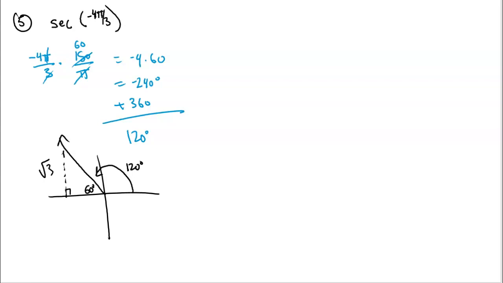So this will be root 3, this will be a negative 1, and this will be a 2. What do I know about secant? Secant is made up of r over x. So this time it should be 2 over negative 1, or negative 2.